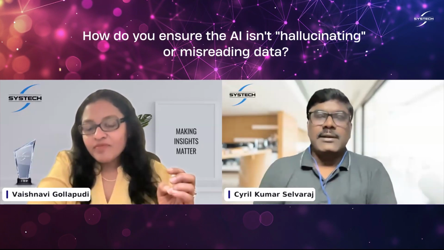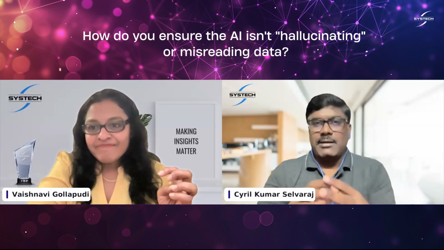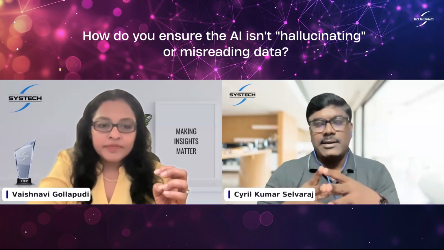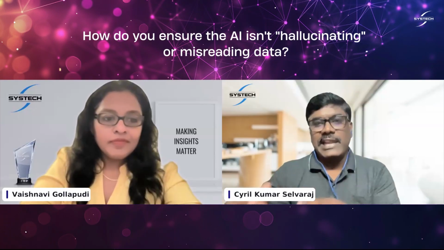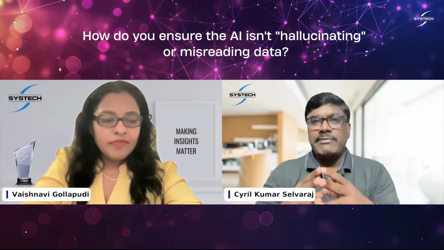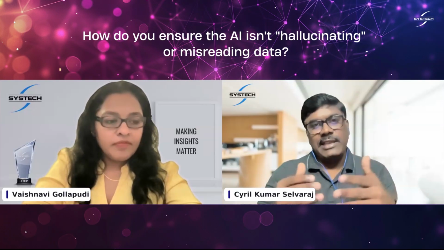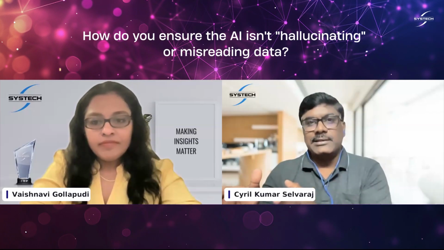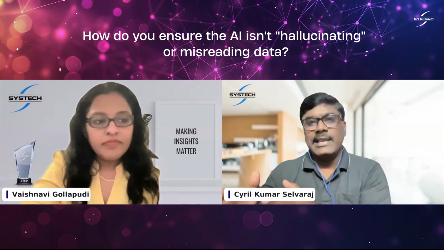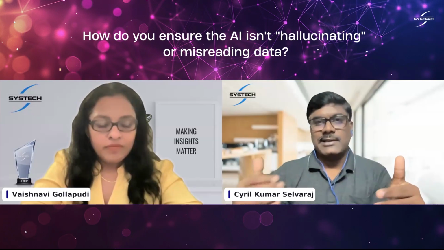Yeah, interesting question. That's where we built a multi-model validation layer. If the agent is hallucinating, another agent does a validation against the document, on the extracted information.